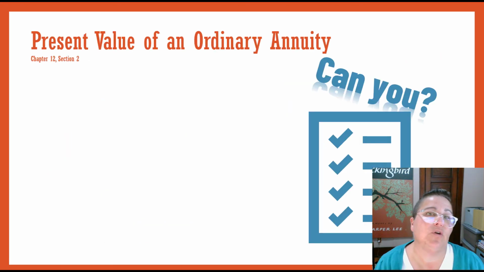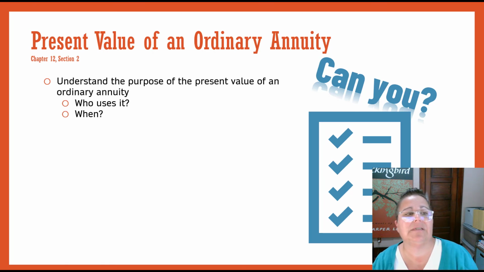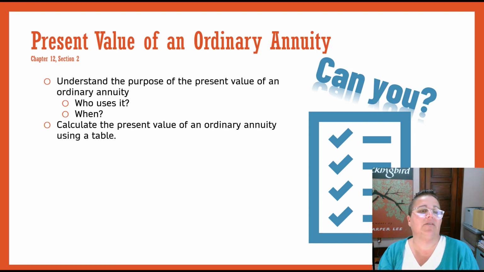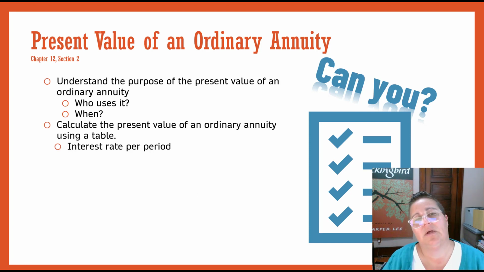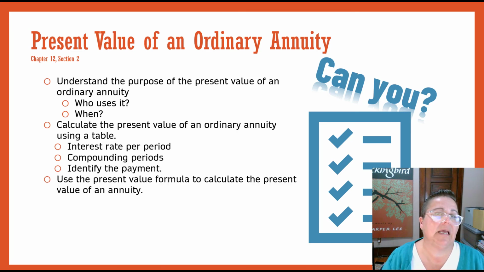The present value of an ordinary annuity, can you understand the purpose of the present value of an ordinary annuity? Do you know who might use it and when? Could you give an example of that if you had to? Can you calculate the present value of an ordinary annuity using a table? That means, can you find the interest rate per period, the number of compounding periods, and can you identify the payment needed?